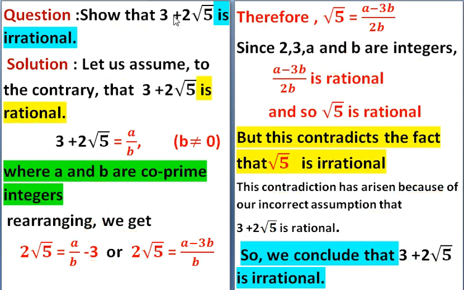Similar to this, the examiner can ask: 3 minus 2 root 5 is irrational. Then first you assume 3 minus 2 root 5 is rational, and if it is rational, then this value will be in the form of p by q, and a and b are co-prime integers.